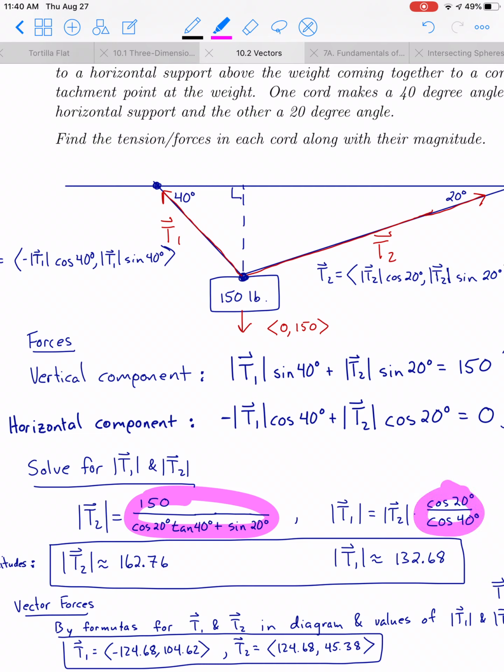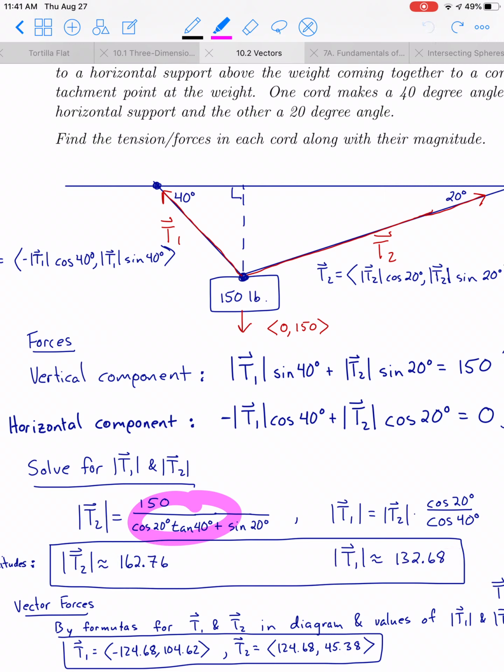Similarly for T1, we'll have picked this equation up along the way to solve for it. Once we know T2, we can find T1. Once we evaluate this expression to find T2, we end up with 162.76 rounded to 2 decimal places. Similarly for the magnitude of T1, rounded to 2 decimal places.